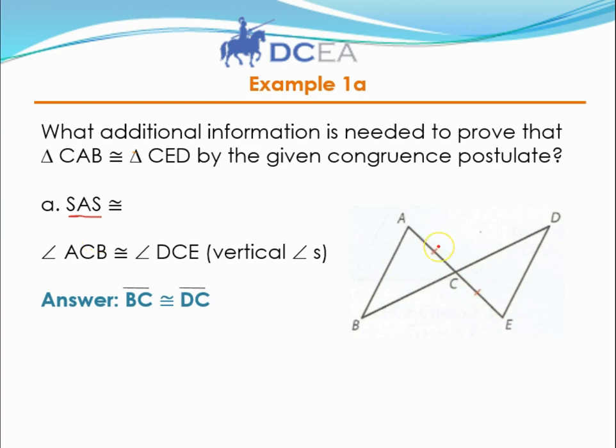Right now we have 2 congruent sides. You can see that. We also have 2 congruent angles because the vertical angles are congruent. What else do we need? Well, we have a side and we have an angle, so we need to declare another side, and that other side will be BC is congruent to DC.